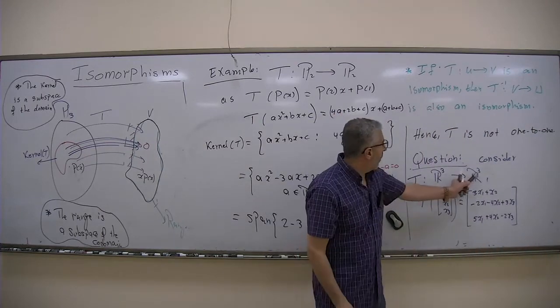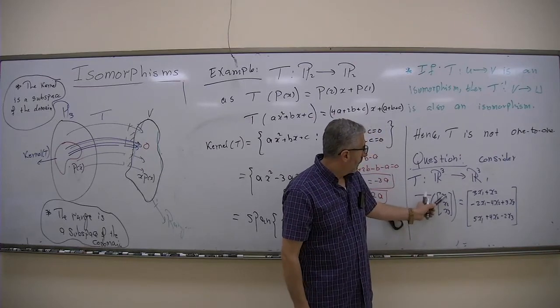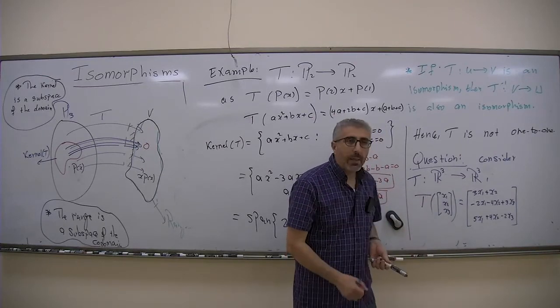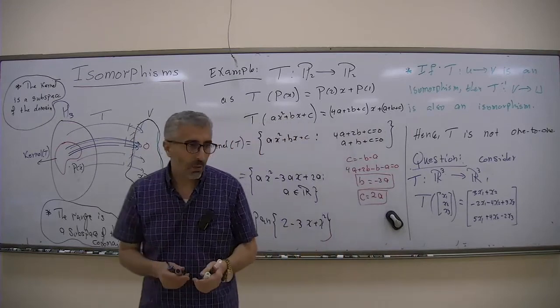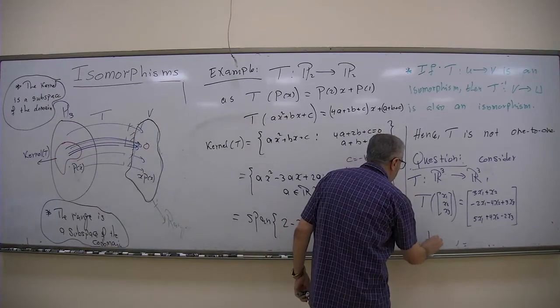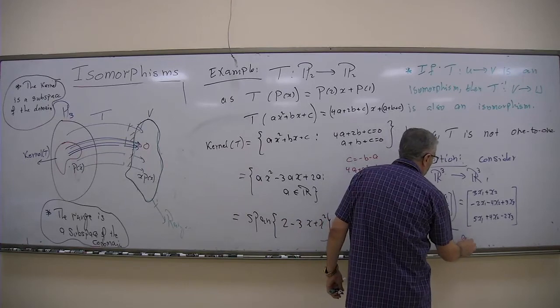So this is from R3 to R3. Is this an isomorphism? Is T an isomorphism?